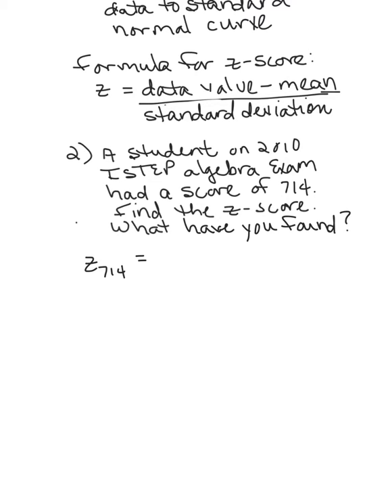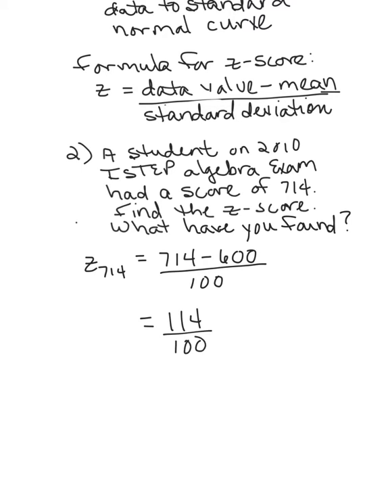Equals. Now remember, you take the score that you are given, which was 714, minus the mean for that data, which from the last problem we knew was 600, and then divide that by the standard deviation, which we know from the last problem is 100. Well, that gives us 114 over 100, and when we actually do that division, we get 1.14. So that's the answer for the z-score.